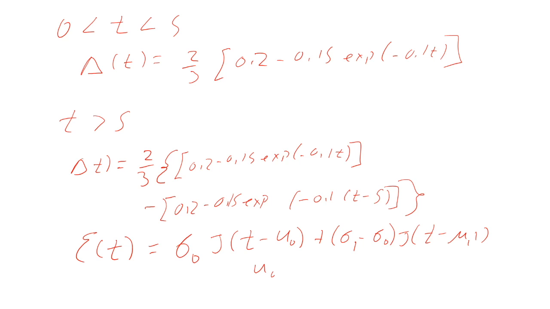So u naught is 0 hours, and u1 for our case is 5 hours. Sigma naught is 400 newtons, and sigma 1 is 0 newtons.